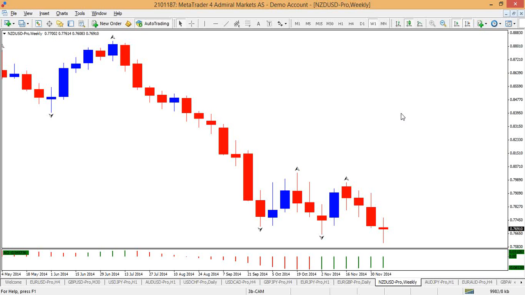How strong is the close compared to the high? Getting my words mixed up there. So for instance, this candle is sizable here, big, bearish, and the close is near the low, indicating bears were in control.